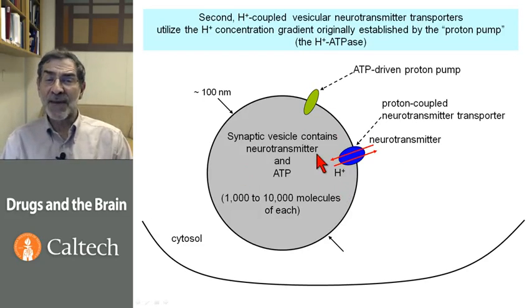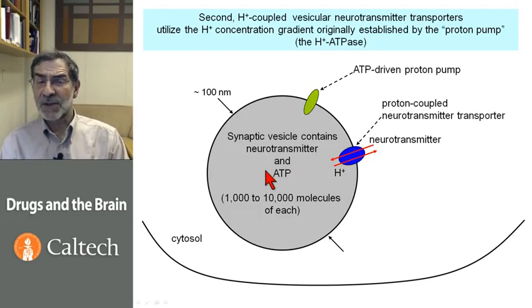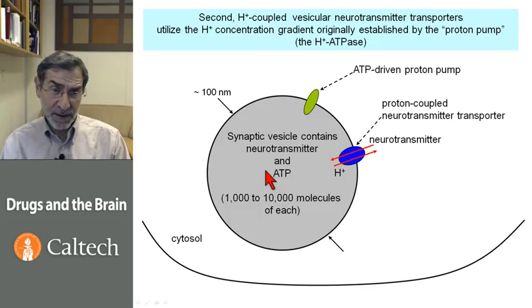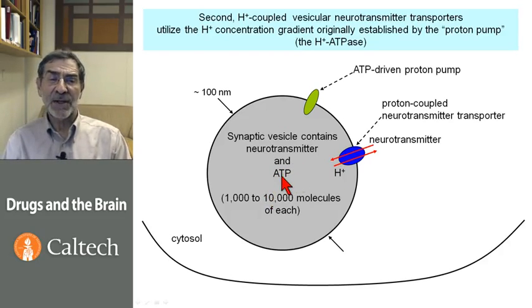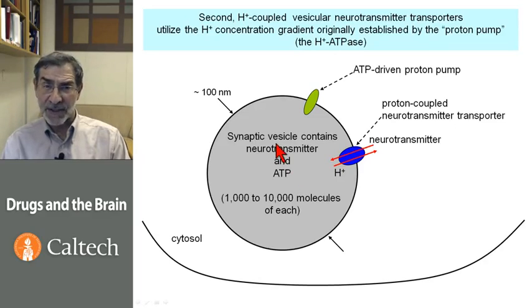As a result, the synaptic vesicle contains neurotransmitter. The synaptic vesicle also contains ATP. Possibly the ATP serves the useful function, because it's negatively charged, of neutralizing the positive charge on the neurotransmitter.